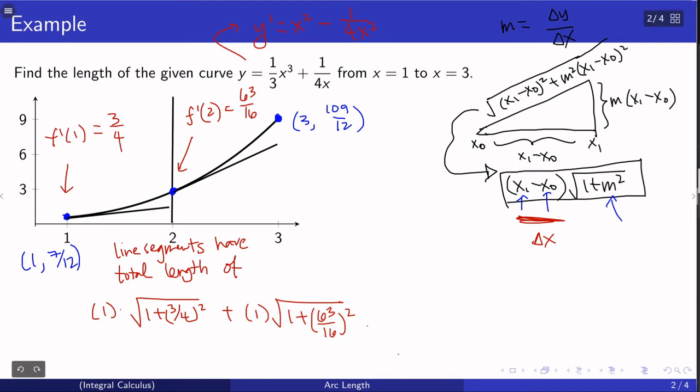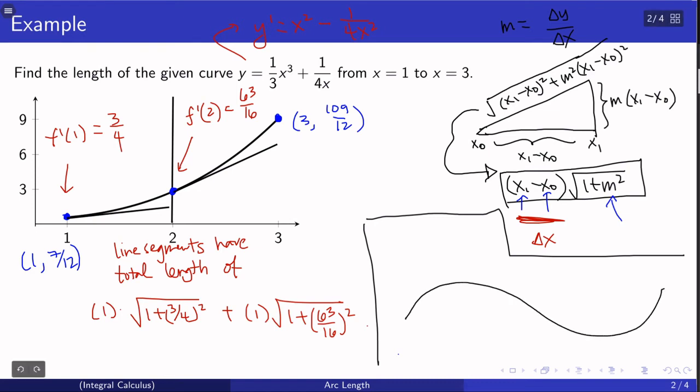And you probably see where I'm going with this. What happens if we increase the number of line segments? What will that look like for my curve? Say this is the curve I'm starting with, from x equals a to x equals b.